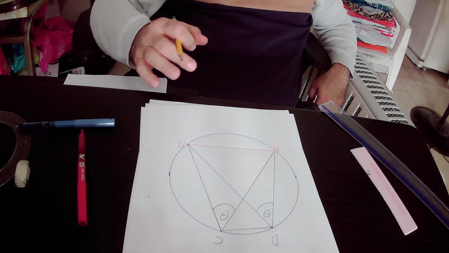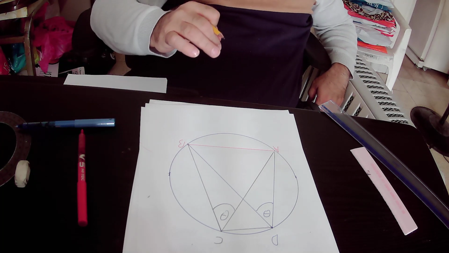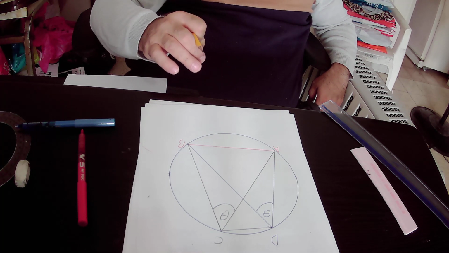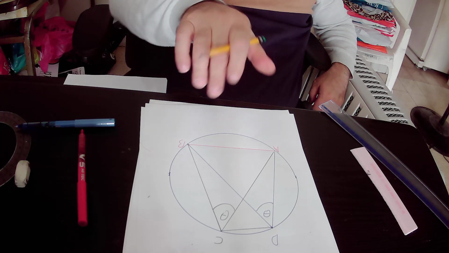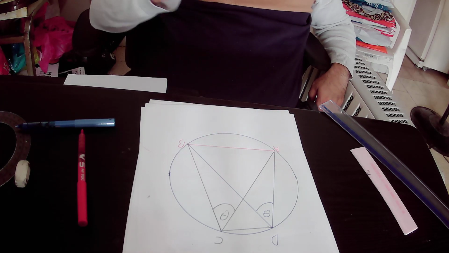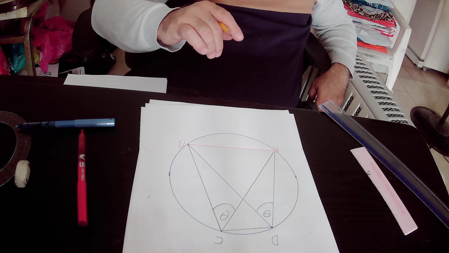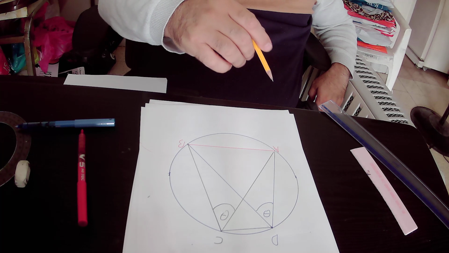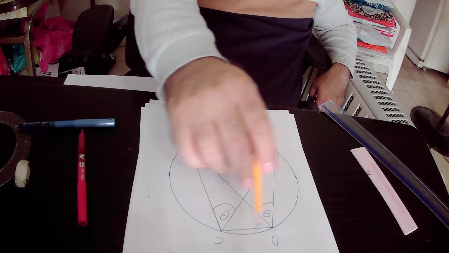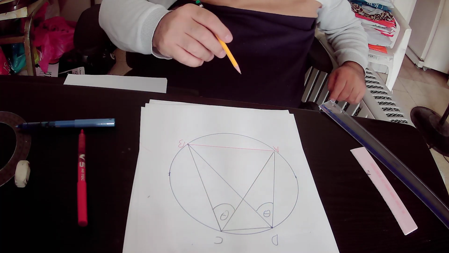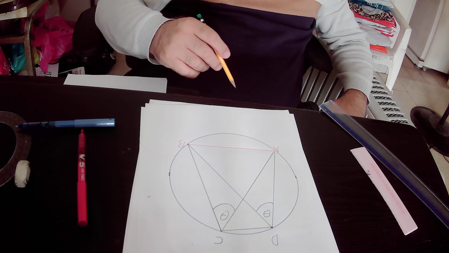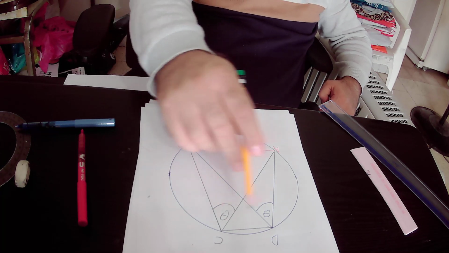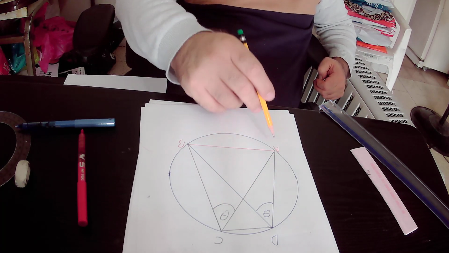So only if we have two angles that are equal to each other and they subtend on the same line segment AB, only then we can conclude that according to rule number 2, the quadrilateral ABCD is inscribed by this blue circle, and the 4 points A, B, C, and D lie on this blue circle.